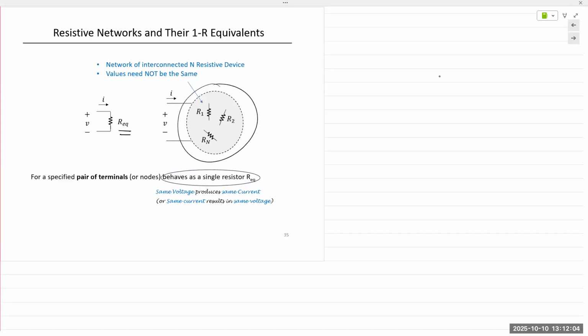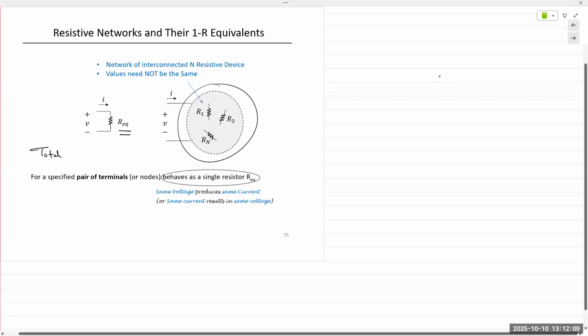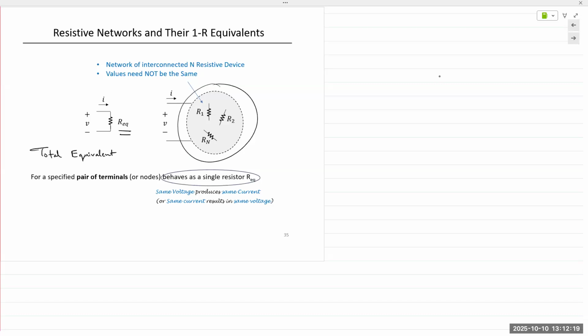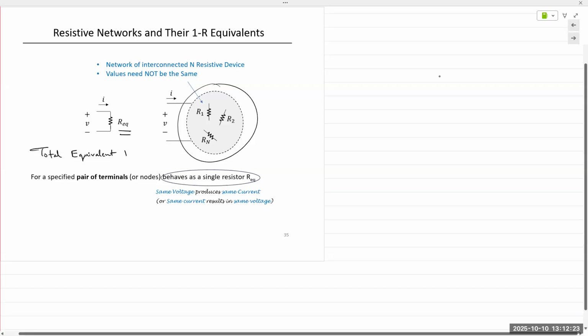And so we call that REQ, total equivalent resistance. Some authors, some books like to use RT for total or just RTOT. So it's total equivalent resistance between those two pairs of terminals.